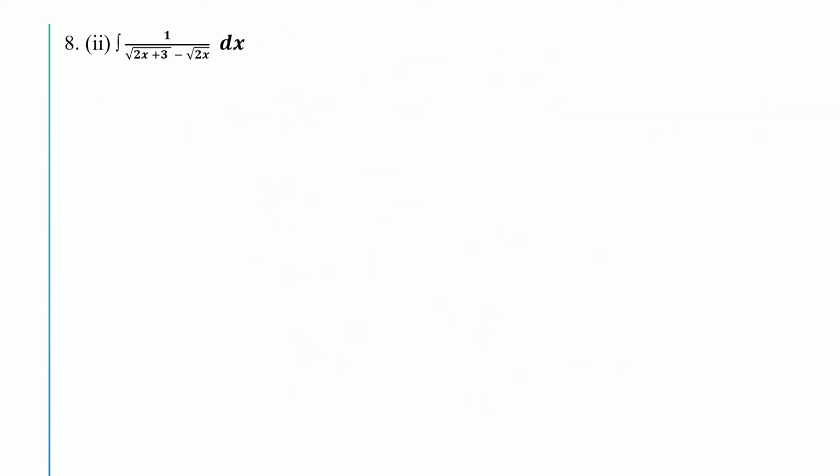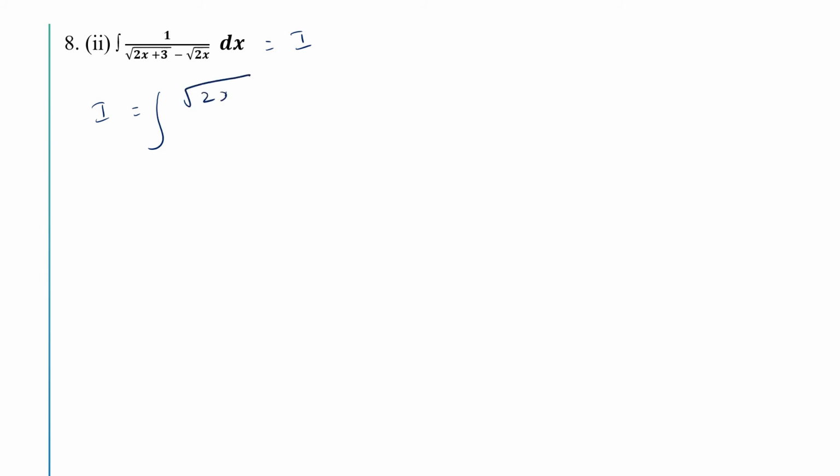The next question: integral 1 by root of 2x plus 3 minus under root 2x dx. Let us take this as equal to I. So I is equal to, here we have to multiply and divide by root of 2x plus 3 plus root of 2x.